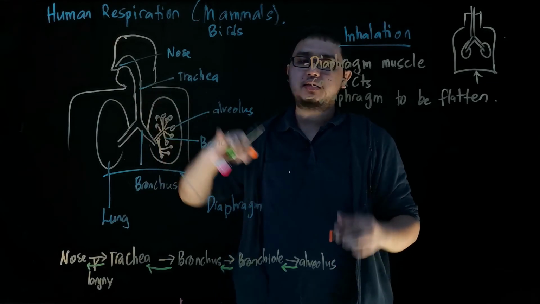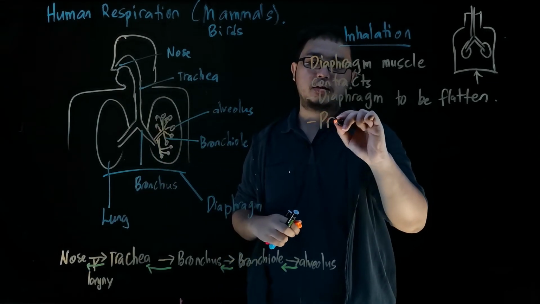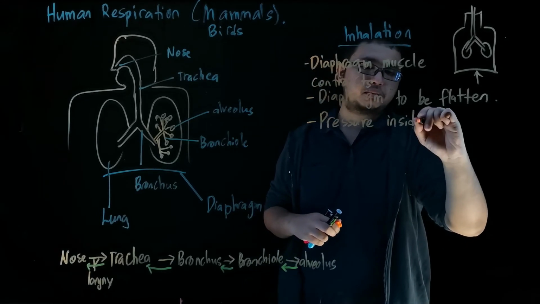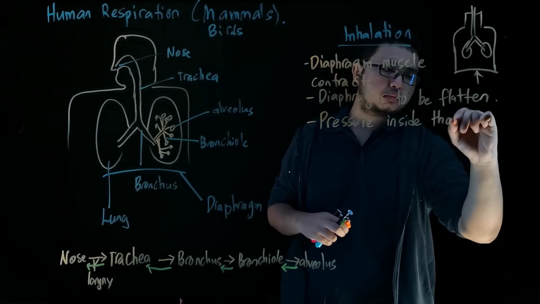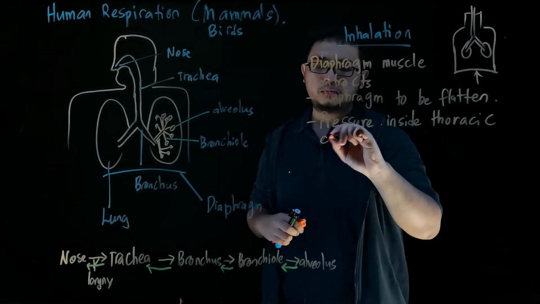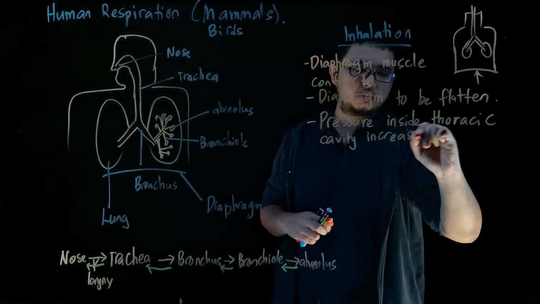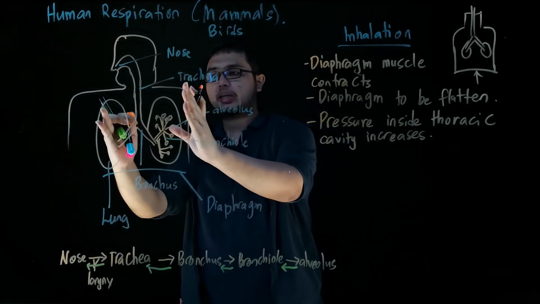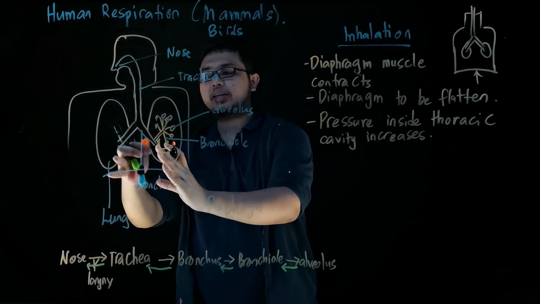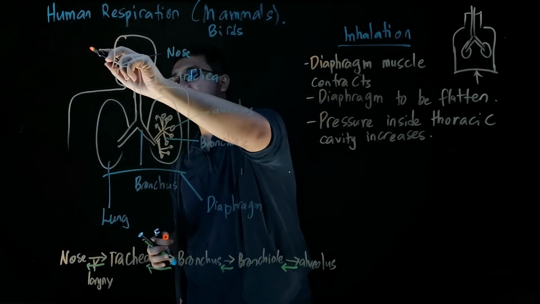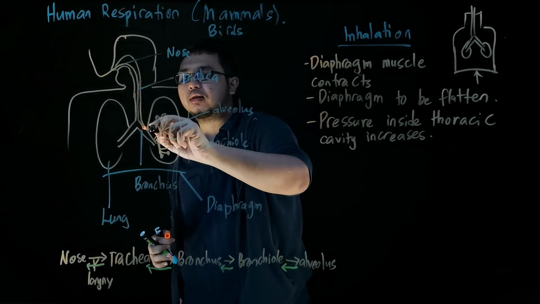The pressure inside your thoracic cavity decreases. So as the pressure inside the thoracic cavity decreases, it allows the pressure from the environment to push the air into your lungs.